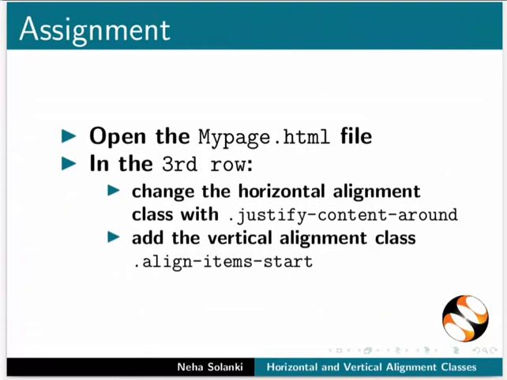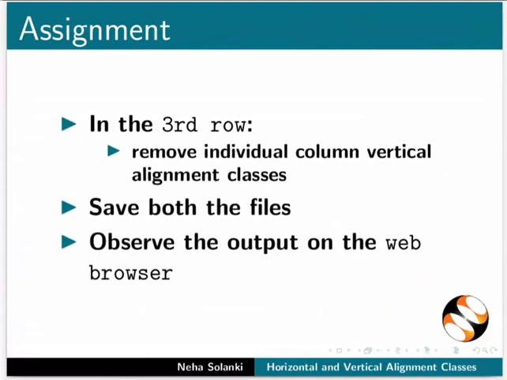As an assignment, open the mypage.html file. In the third row, change the horizontal alignment class with .justify-content-around. Add the vertical alignment class .align-items-start. Remove individual column vertical alignment classes. Save both the files. Observe the output on the web browser.